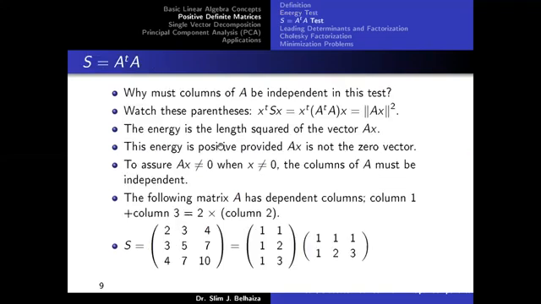One of the main ideas behind the energy test is that when you do this product XT times S times X, you get the square of the magnitude of the vector AX, which is supposed to be positive. That's why we're talking about the energy test. And for example, this matrix S, you can write it as AT times A, because basically it is positive.